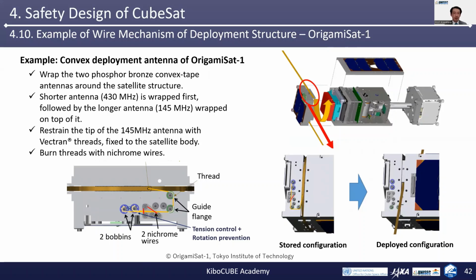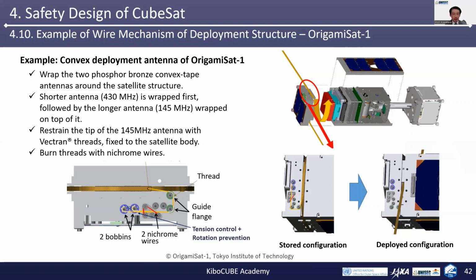This slide shows the actual implementation of the antenna deployment system based on the wire mechanism. This is the design example of the 3U CubeSat OrigamiSat-1 developed by the Tokyo Institute of Technology. In this example, the antenna is based on convex tape.